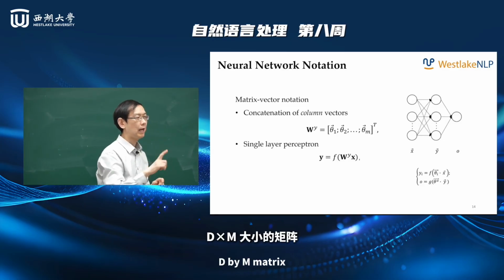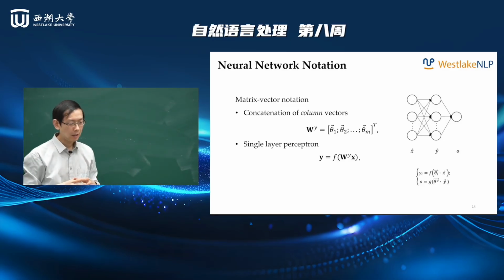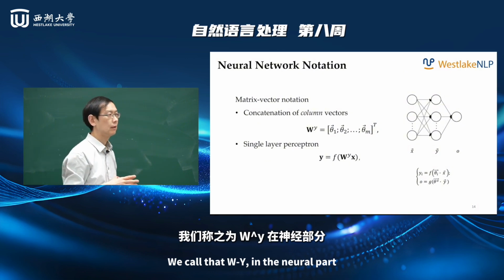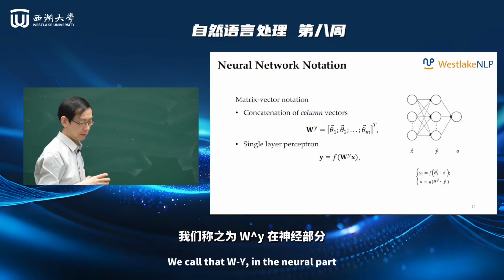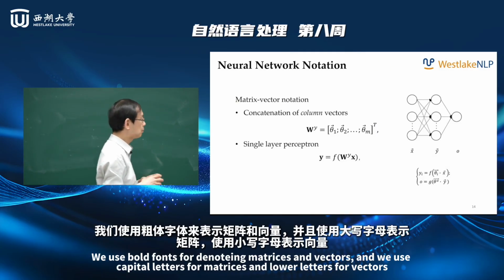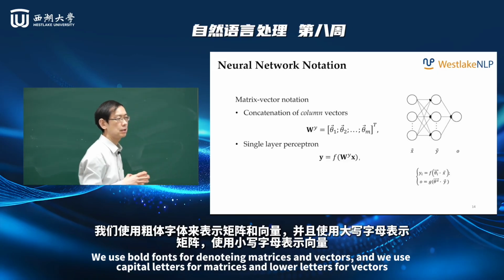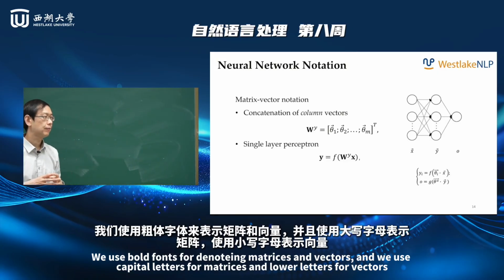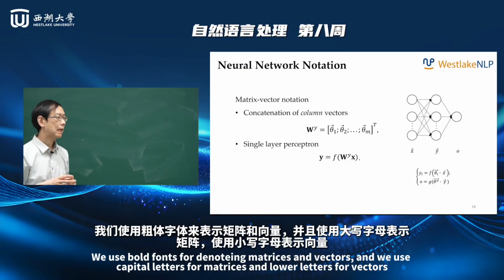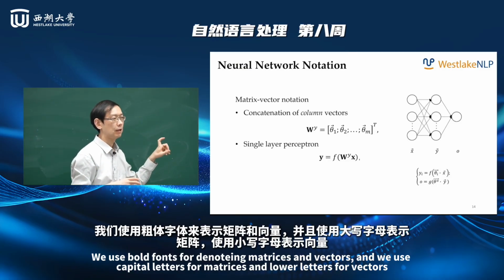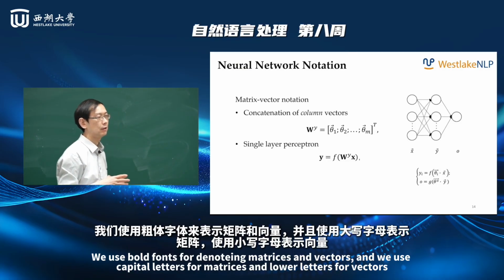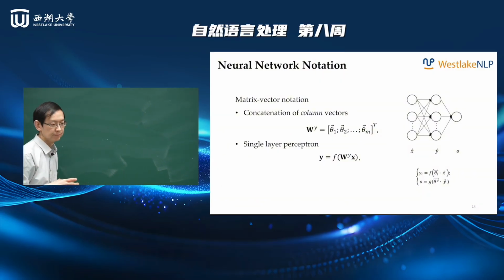So it's a D by M matrix, okay? We call that W_Y. In the neural notation, we use bold fonts for denoting matrices and vectors, capital letters for matrices and lowercase letters for vectors, okay?